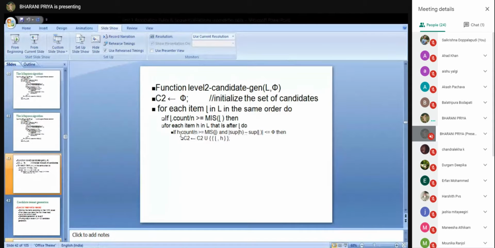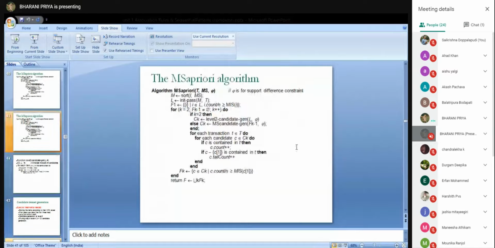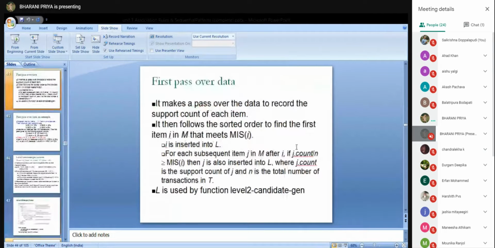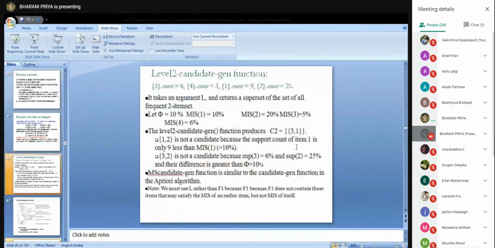According to this rule in the algorithm, the support of 3 is 6% and the support of 2 is 25%, and the difference should be less than 10%, but it is greater than 10%.